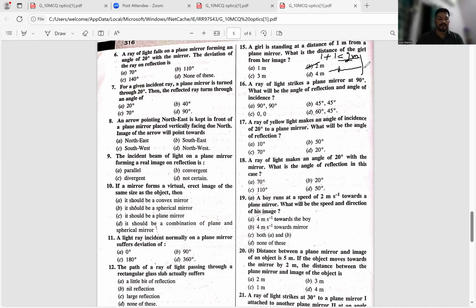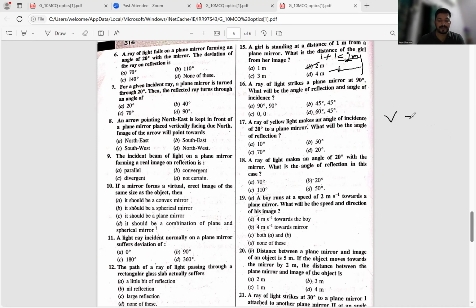First of all, the distance between the girl and her image formed by a plane mirror is requested. The girl is standing 1 meter from the plane mirror, and for a plane mirror, image distance is equal to object distance. So if we calculate the total distance, adding these two distances, 1 plus 1, that is equal to 2 meters.